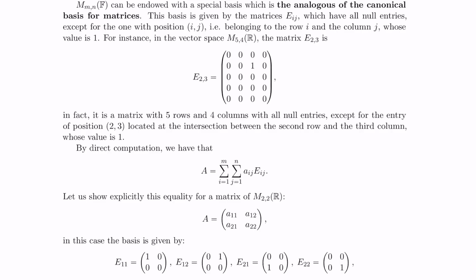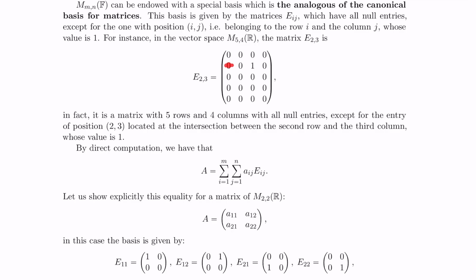Consider the vector space of real matrices of dimension 5 times 4, so with 5 rows and 4 columns, like this, you see? The matrix E23 belonging to the canonical basis of this space is the matrix with all null entries except for the second row and the third column.